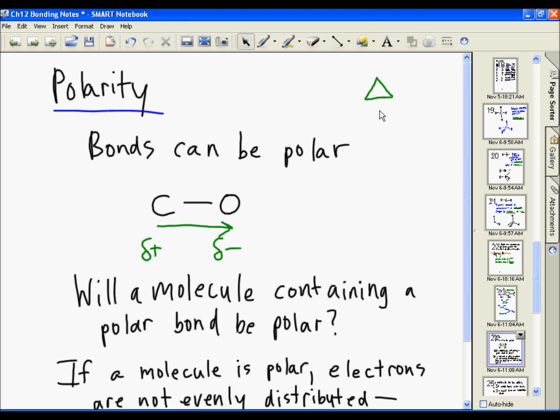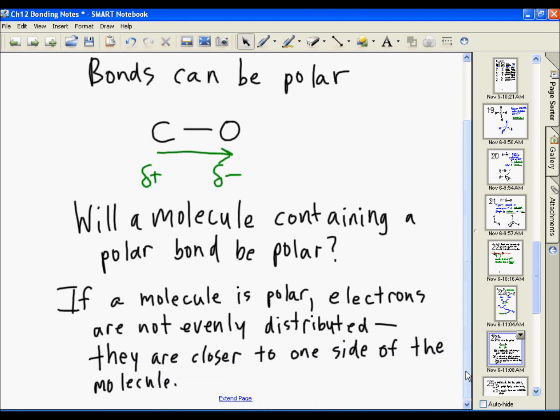And often it's represented by a big delta, a capital delta, it looks like a little triangle. But here, because the electrons are not completely transferred from the carbon to the oxygen, they're only slightly moved over, we use a little delta to indicate that it's a small change. So the carbon is slightly positive, the oxygen is slightly negative. So a bond can be polar, but that doesn't necessarily mean the whole molecule will be polar.